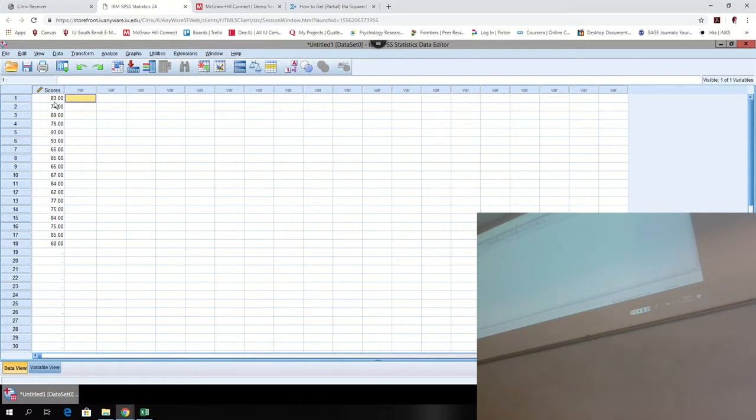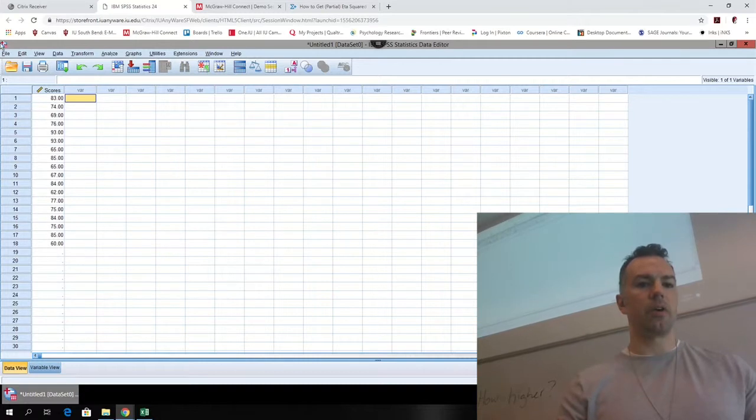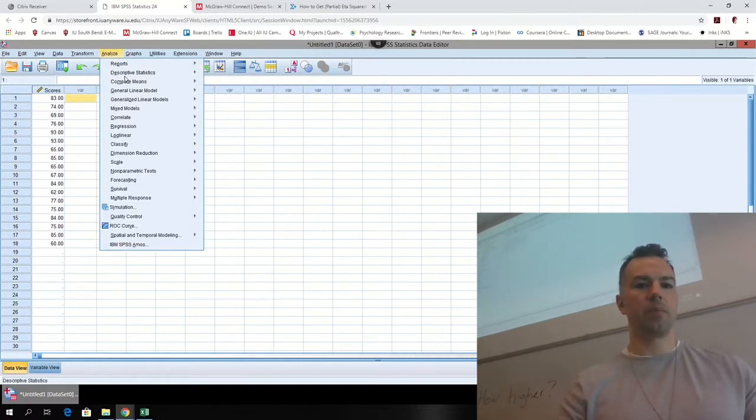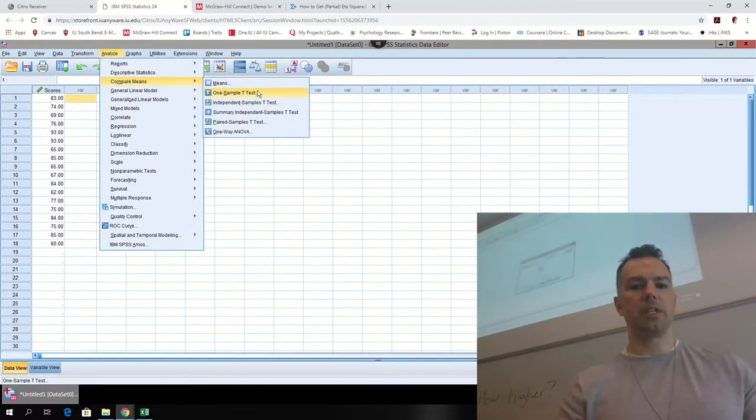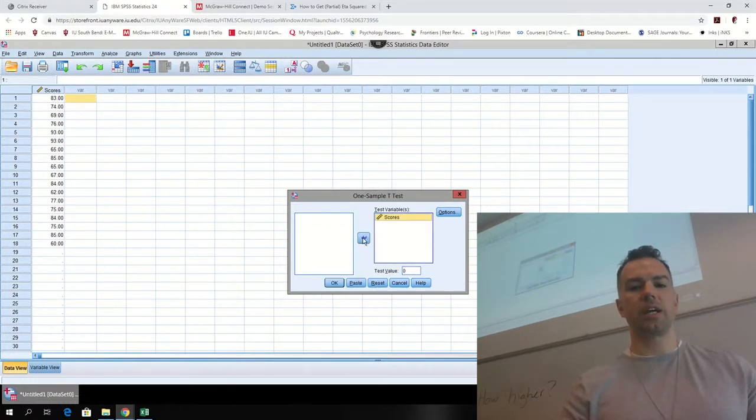So this is an example of one where they're asking for a difference. They're asking for how much higher is the amount. So if you have a difference that they're asking for, then you want to put in your null hypothesis. You want to put in that hypothetical mean. So for this one, if we go to analyze, compare means, one sample t-test, we have our scores as the test variable.